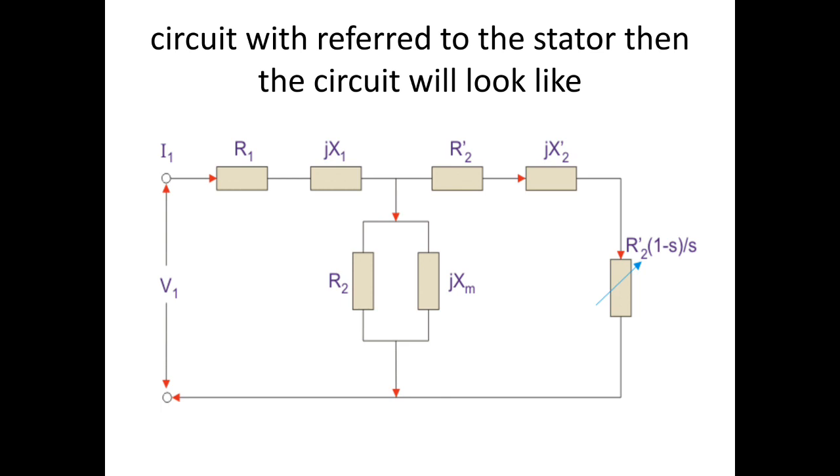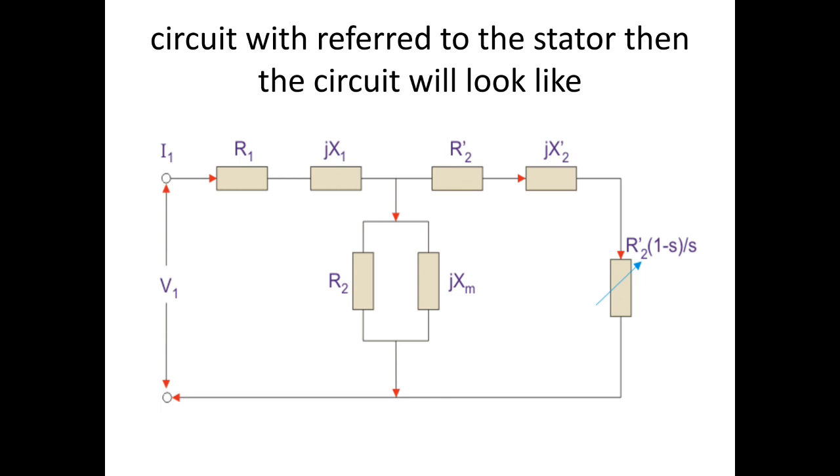So always we refer the circuit to the stator. Why? Because it is easy for my calculation. So I am going to refer my equivalent circuit from the stator side. If I refer from the stator side, R1 is again R1, and wherever 1 is specified, all the parameters belong to my stator.